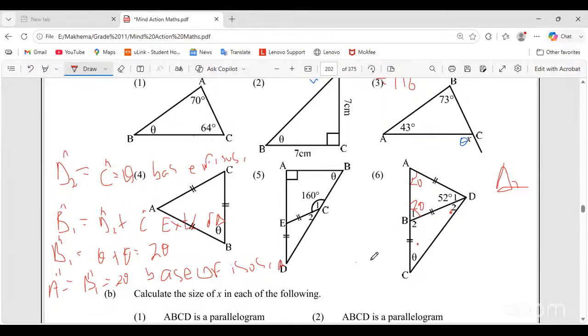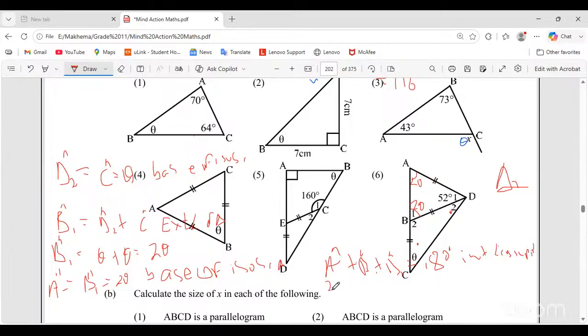Now, we want theta. What are we going to do here? We are going to say angle A plus angle B1 plus angle D1 is equal to 180 degrees. Why? Interior angles of a triangle are supplementary.